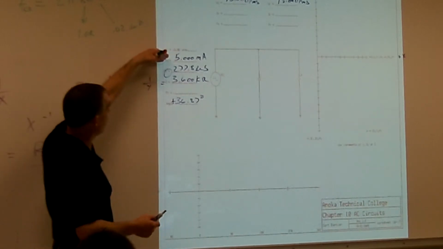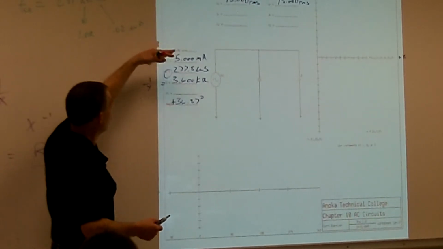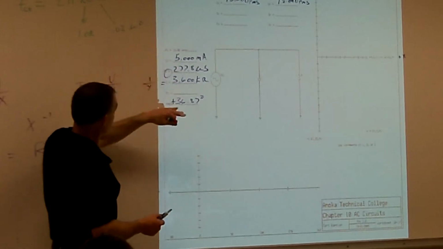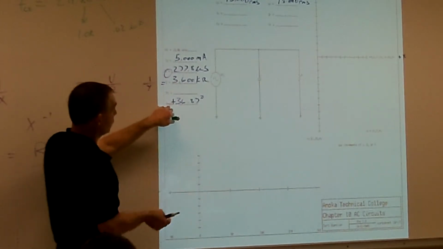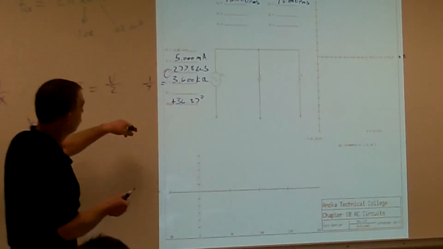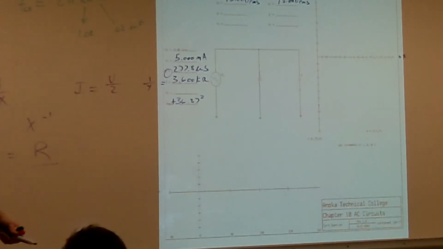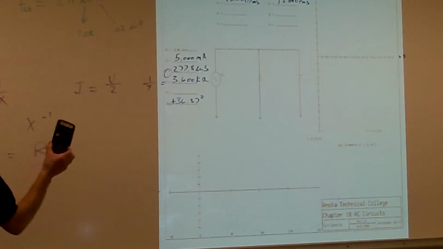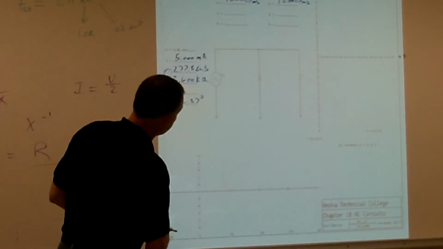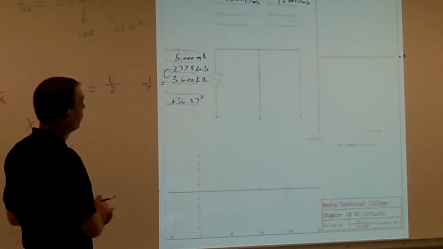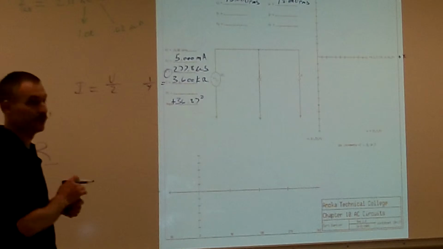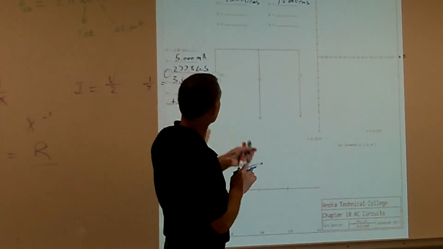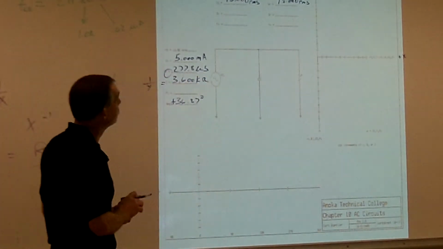So we put in our current, 5 milliamps, hit our second XY, put in our angle, a positive angle, and then hit our second, polar to rectangular function, the one above your multiplication sign if you have the 30x. Then we'll figure out the current going across the capacitor and the resistor. We're doing it the same way. The only difference is that we're doing it with current instead of voltage this time.